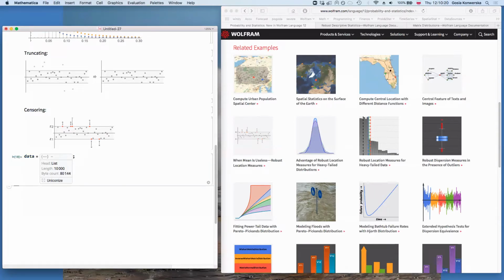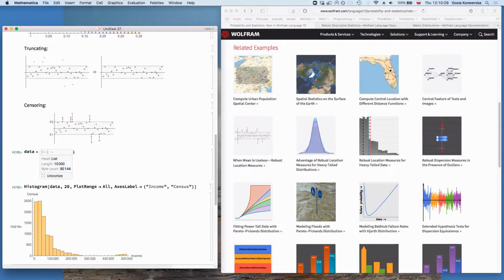So here is some income data. And the first thing I want to do when I have data to analyze is to plot it, because as we just saw, taking the mean might not be representative. What you can see here on the histogram is that it has the long tail. You can see the income extending far to the right.